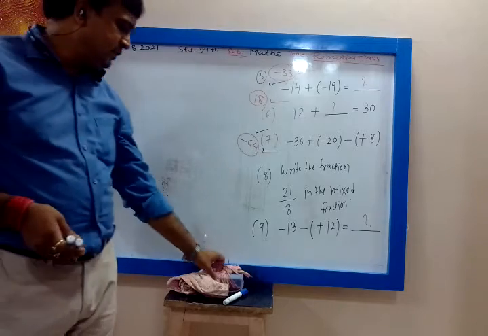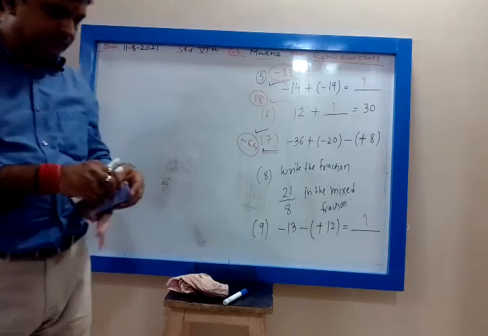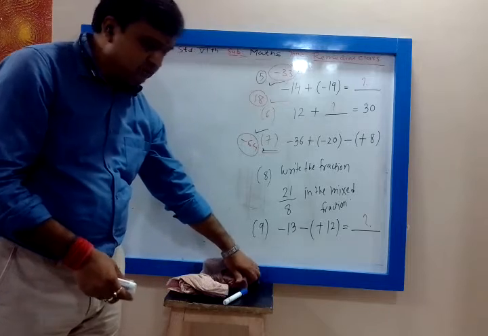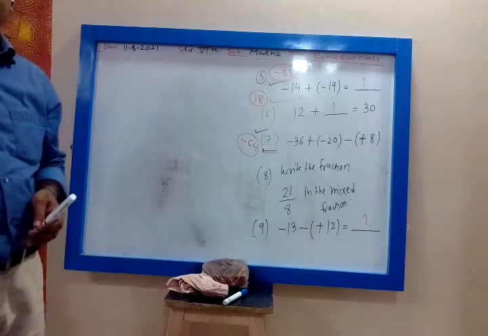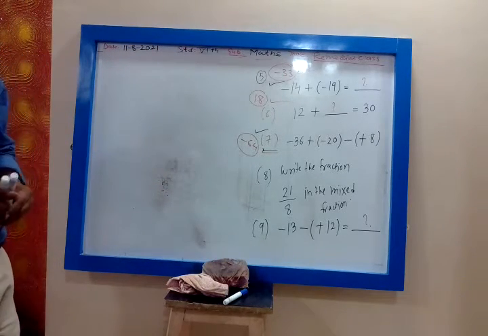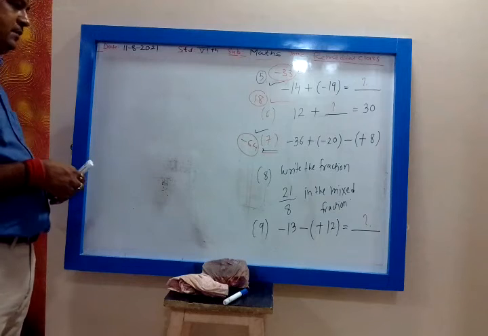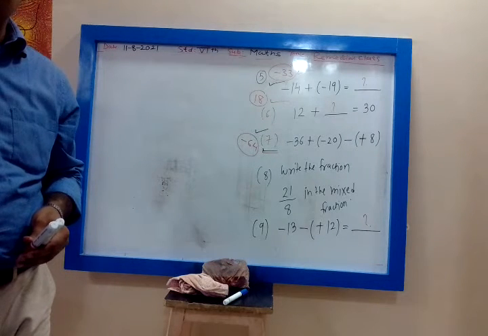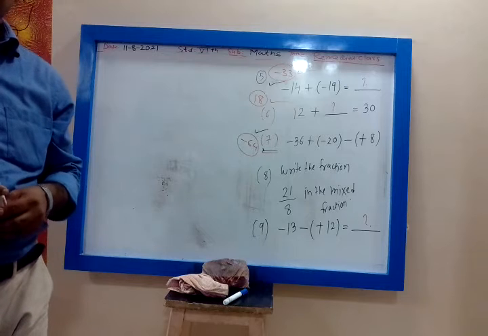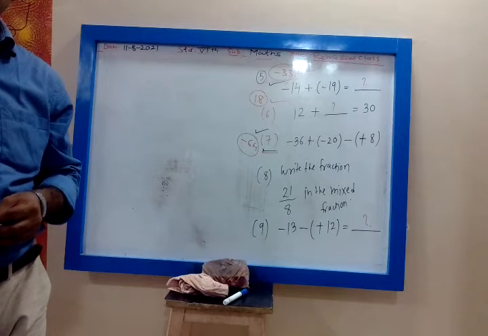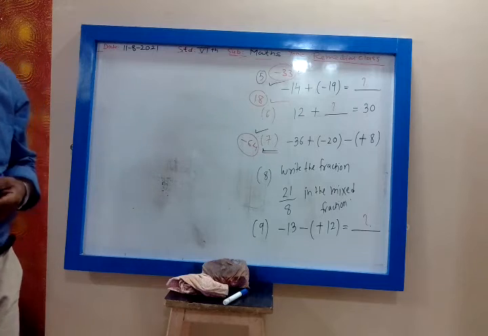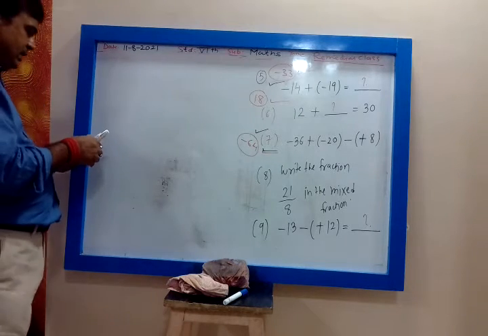Twenty-one upon 8. Is there any answer? Kisan, Parth Joshi. 21 upon 8.